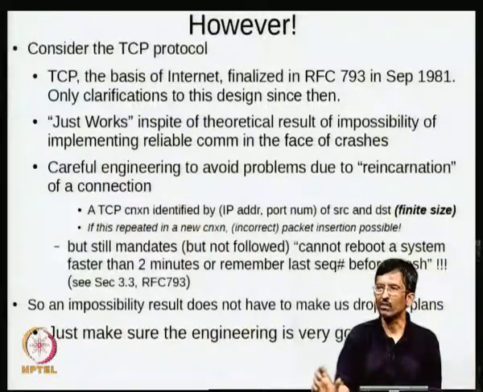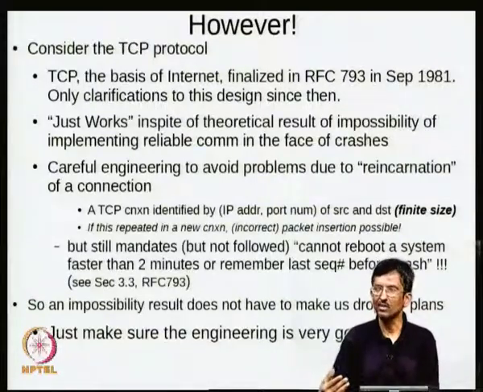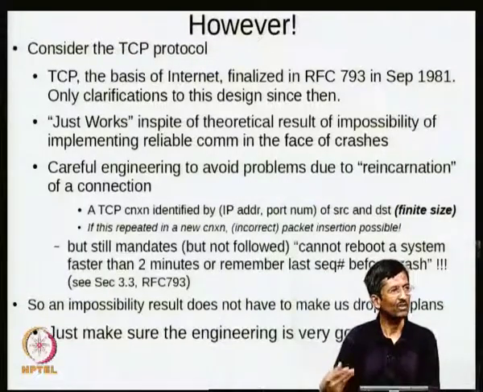That means it is a finite system. In a finite system, you can always repeat. In an infinite system, it is difficult to say that you can keep repeating. But in a finite system, for example, if the number of possibilities is 2 to the power of 16, it is always possible, if I keep reusing port numbers, that I can repeat.